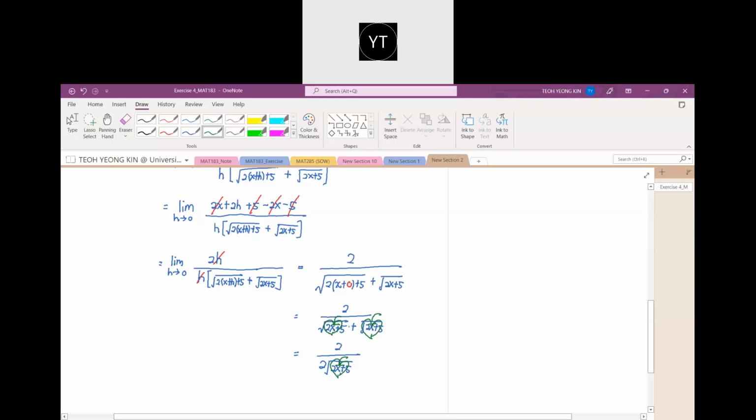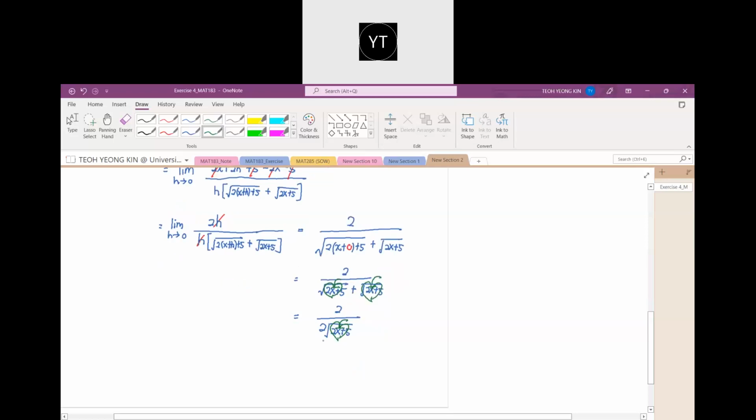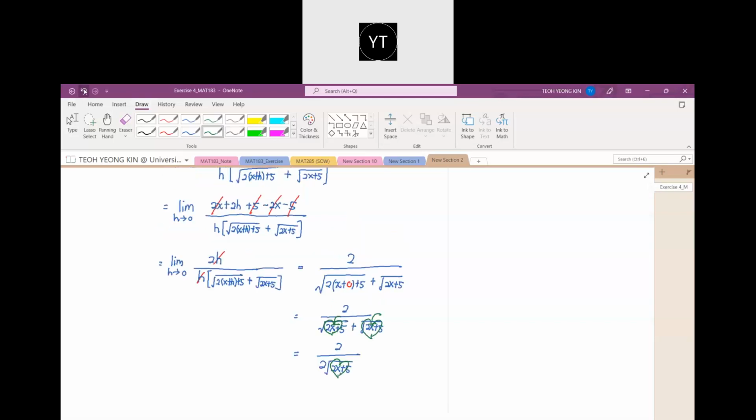Apple plus apple, so we have 2 apples, where the apple refers to the square root of 2x plus 5. So that's why we have 2. Sometimes students get confused and make it squared, sir. It is not power 2. This is plus. So apple plus apple is 2 apples, where the apple is the square root of 2x plus 5. And then this one, I erase the apple back.